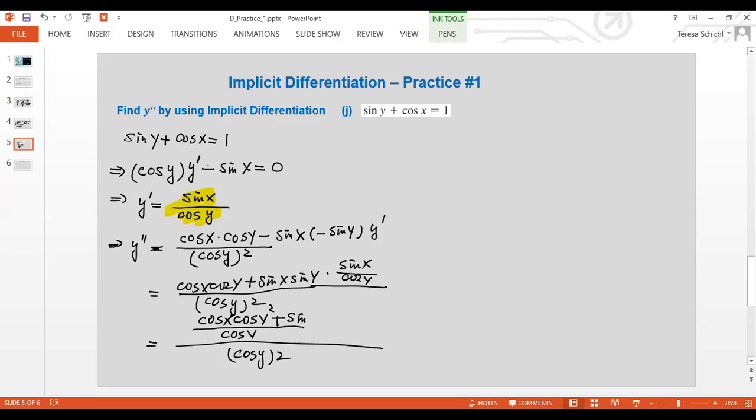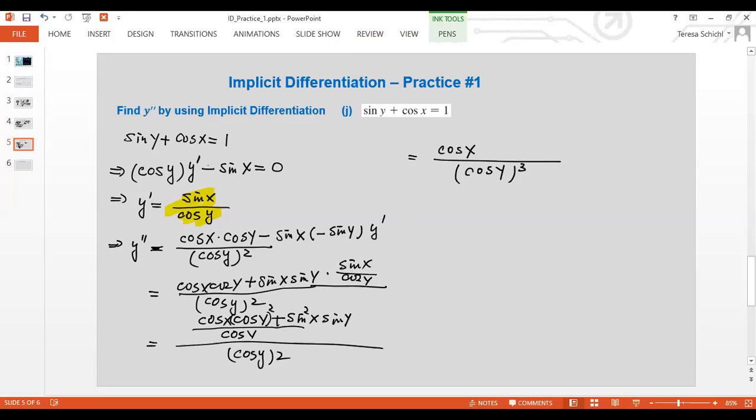So this is cosine y square. I put the parentheses, sine square x and the sine y. Okay, and then you can move the cosine y to the bottom. So this is going to give you cosine y to the cube. So the top here will be cosine x, and what is there? So it's a cosine y here, right?